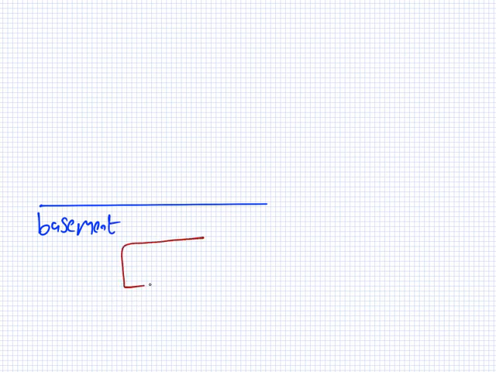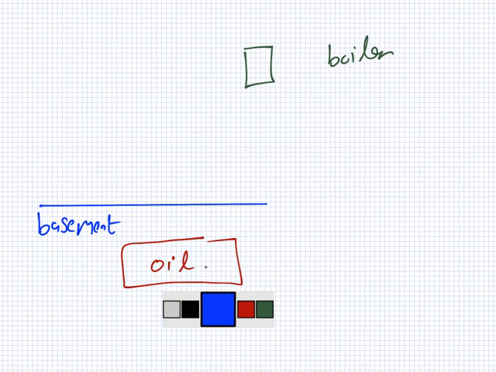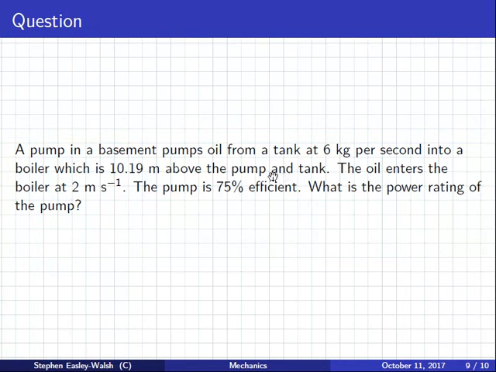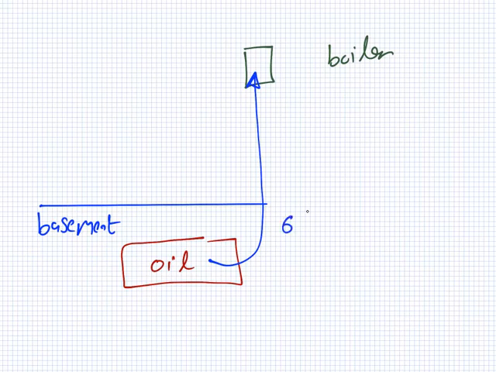You have a basement, and in the basement they store a large amount of oil. And then up at a higher level is the boiler. Of course you need to get the oil from the basement up to the boiler. The pump can do this at a rate of 6 kilograms per second, so every second it can send 6 kilograms up to the boiler.